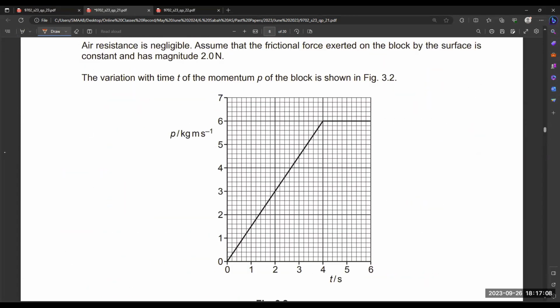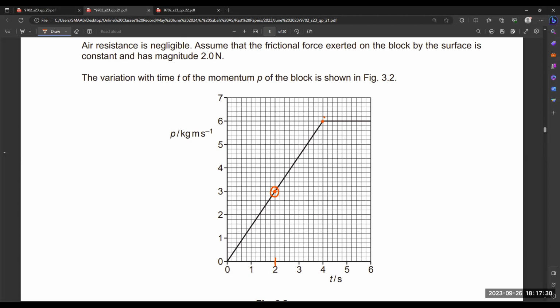The block has initial momentum 0, and then it reaches 6, and then it stays at 6 for 2 more seconds. But what they're asking is to find the resultant force on the block at time t equals 2.